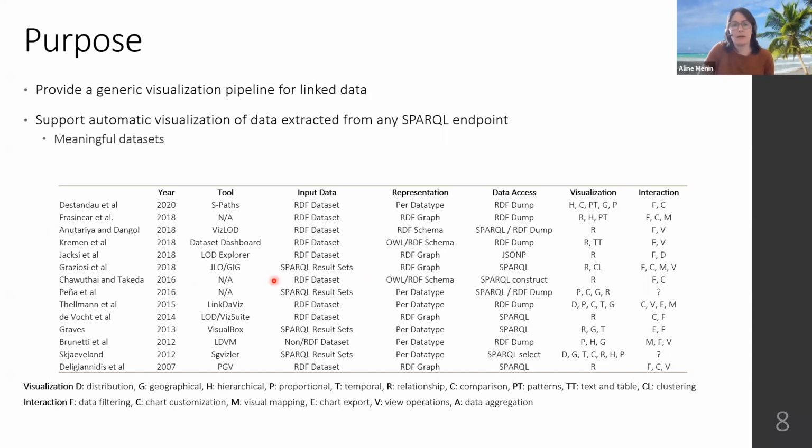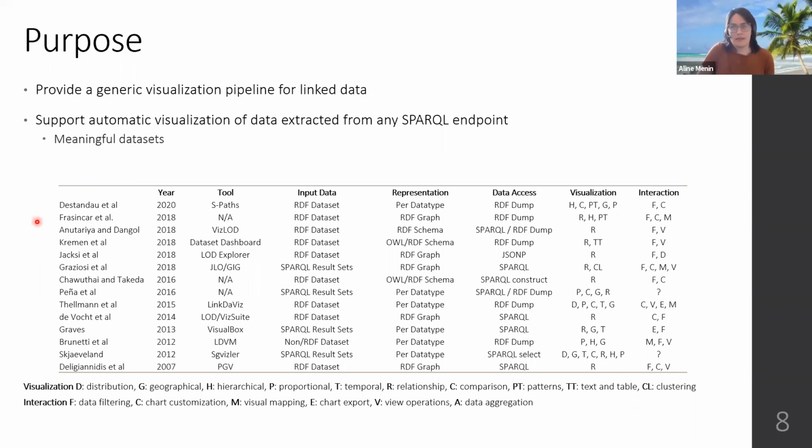We also have some solutions that create visualizations based on the data type. But the problem is normally we have a SPARQL result set, for instance, and then it will give us only one visualization. But sometimes that's not enough to answer our questions, especially when we are talking about exploratory tasks.